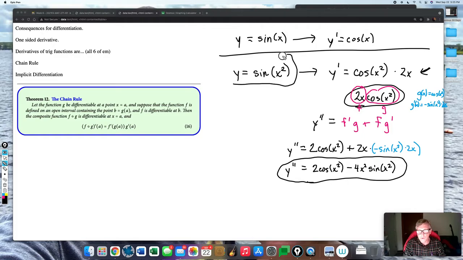So here's your function. Here is your derivative, which is right here. And then here's your second derivative. And yes, if you needed to, you could go on and do a third derivative. That would be complicated, but you'd have to do the chain rule and the product rule, and you can see it gets complicated, okay? I'm not going to do any more derivatives for this function, don't worry.